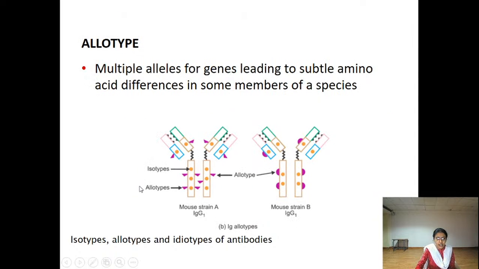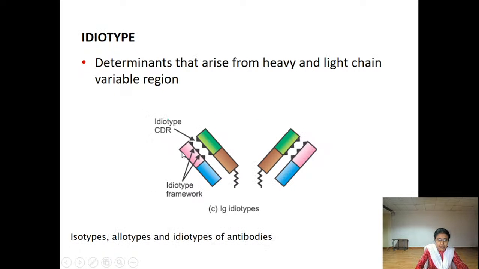Then coming to the allotype, here the antigenic feature of the immunoglobulin may vary among individuals. It is mostly under genetic control, or because of the antigenic difference in the C region of H chain and L chain. Okay. Then idiotype means there will be antigenic difference in the V region, that is the variable region of the immunoglobulin. That is about idiotype.